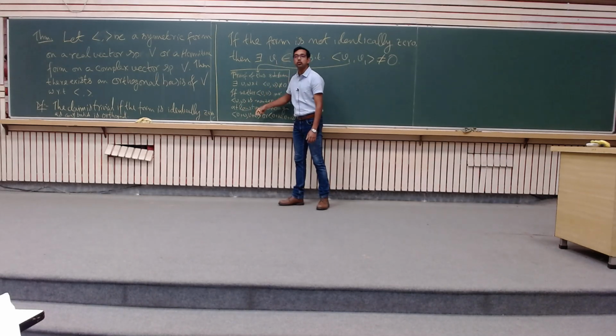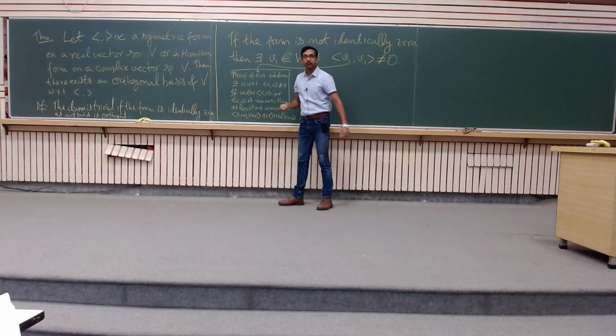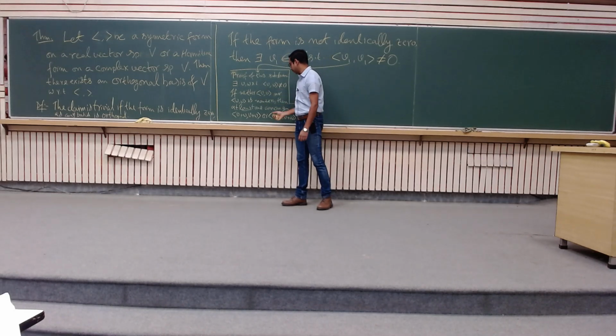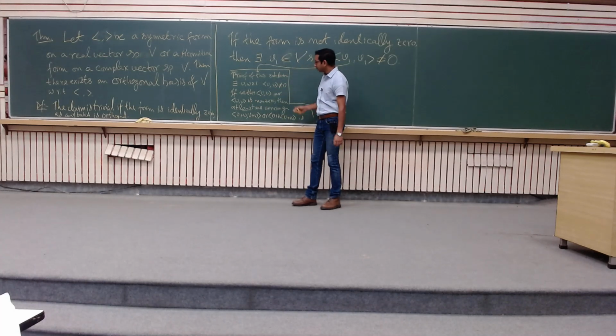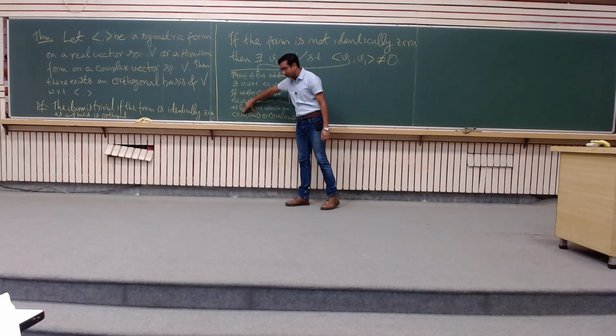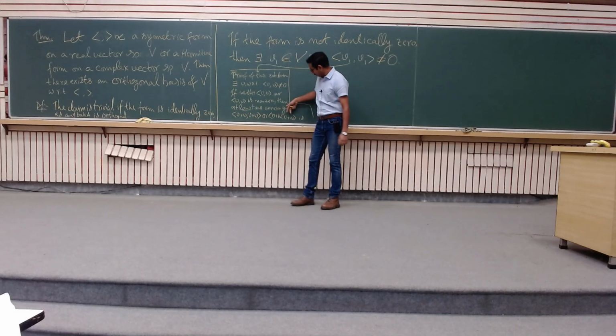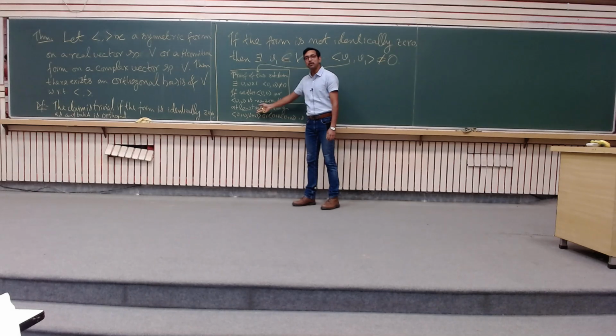In the Hermitian case, this will give you the real part of V, W, and this will give you the imaginary part of V, W. Now if V, W is not equal to 0, then either the real part or the imaginary part is non-zero. Actually twice the real part and twice the imaginary part.